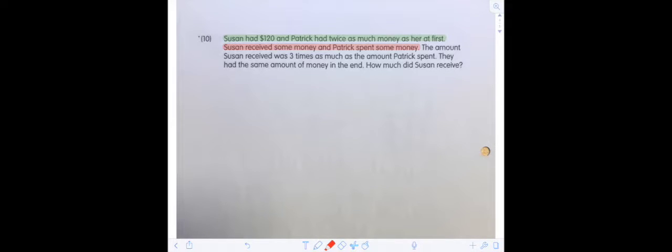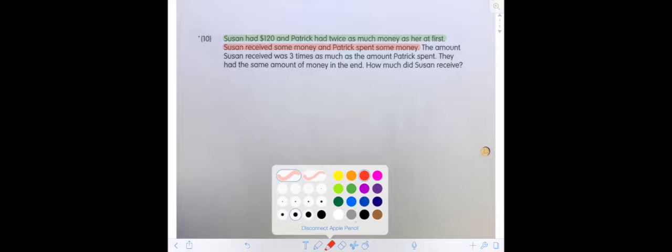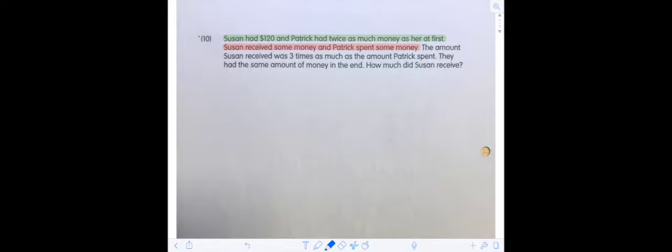The amount that Susan received is 3 times the amount that Patrick spent. They had the same amount of money at the end. Now you see for this one, there are actually 4 different things that we are looking at here. Okay, so it's slightly more complicated. That's why it's a star question.